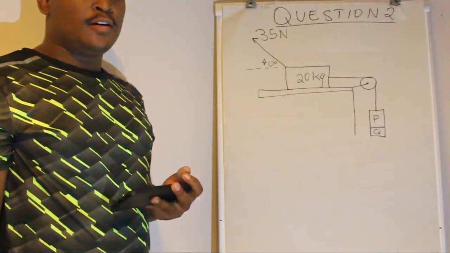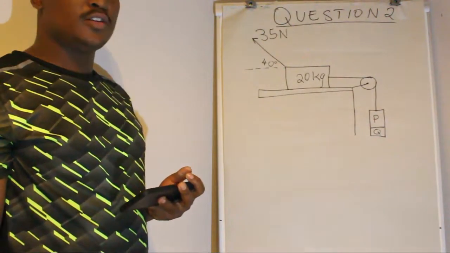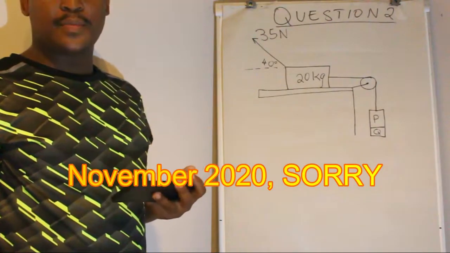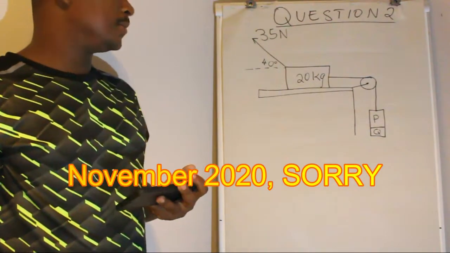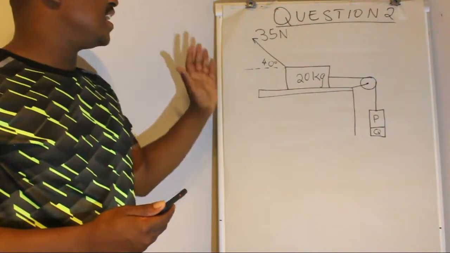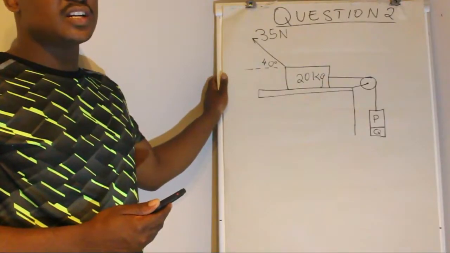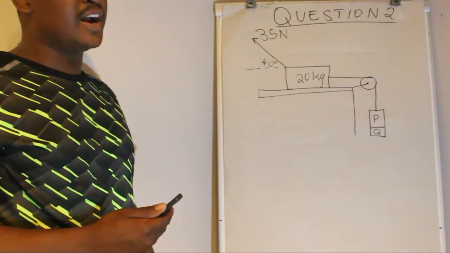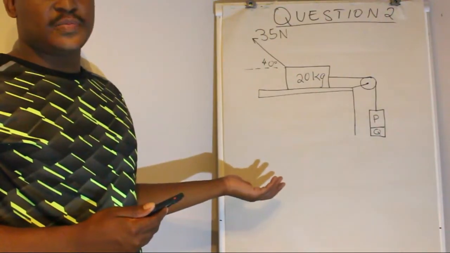So on today's video I'll be doing question 2 of the November 2022 question paper, Physical Science paper 1. I'm not going to write the entire statement that goes with this question on this small whiteboard of mine, because I don't have too much space.